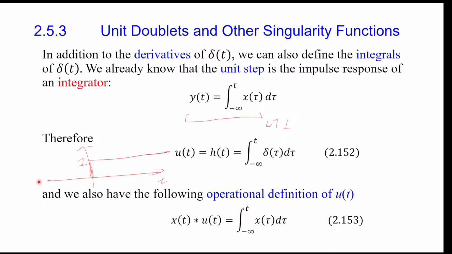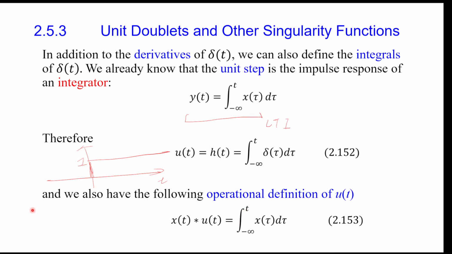Before, we saw that this integration is 0 until t equals 0, and it's 1 when t is greater than or equal to 0. So u of t, a very well-defined function, is the integration of delta of t, and it is the unit impulse response of the integrator.